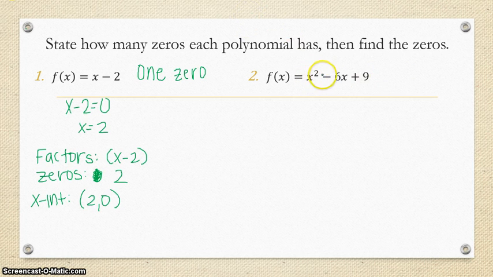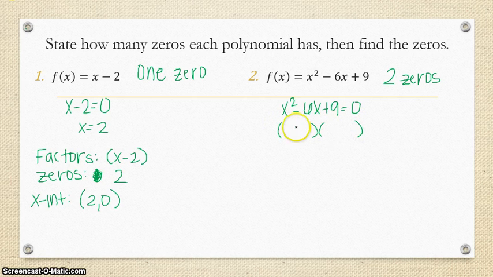Over here on number 2, it's a polynomial of 2nd degree, so that's going to be 2 zeros. When you set that equal to 0, you can solve that. I'd probably do factoring, but you could also do the quadratic formula.